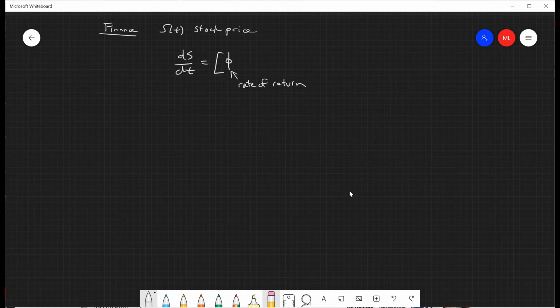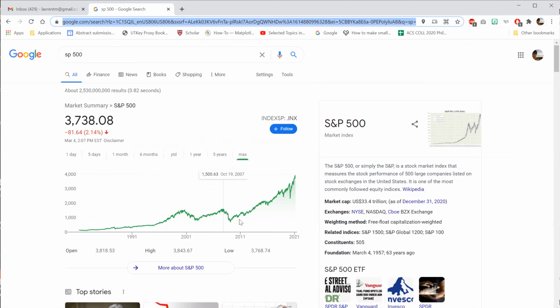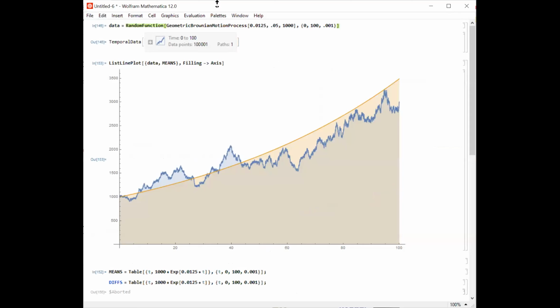But overall, there's a positive trend. If you look at the S&P 500 or something, there's a lot of noise, but overall there's some kind of roughly exponential rise. So in finance, you often model the stock price as what we call a geometric Brownian motion, where you have some average exponential rate at which you increase, but then that rate has noise in it.